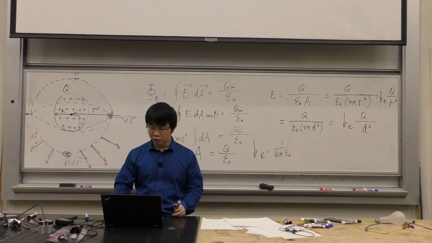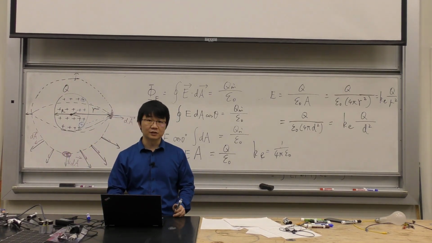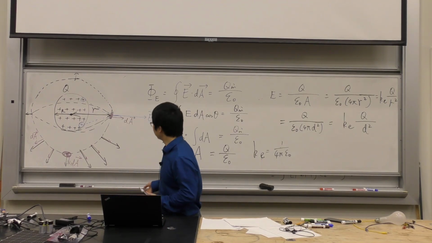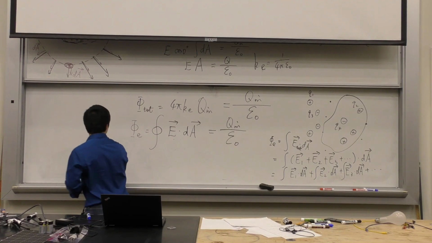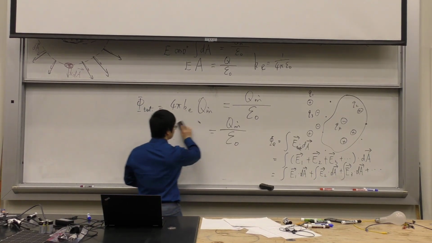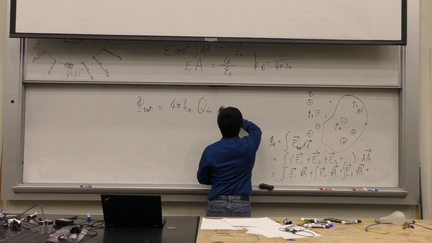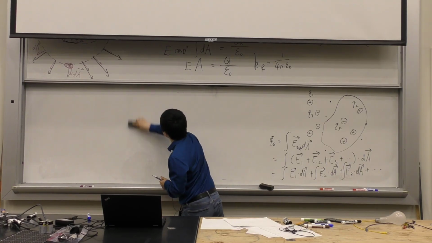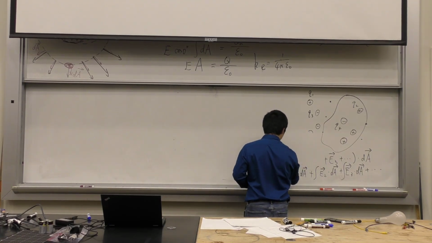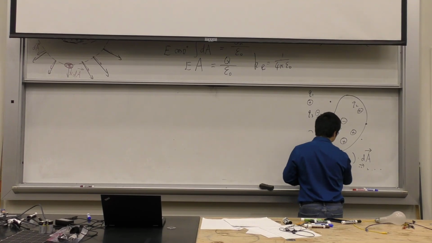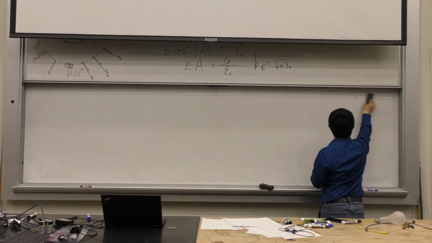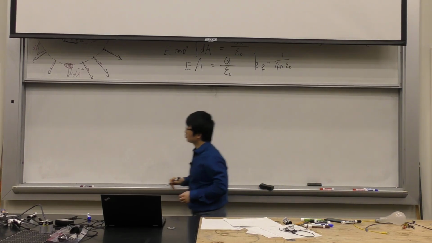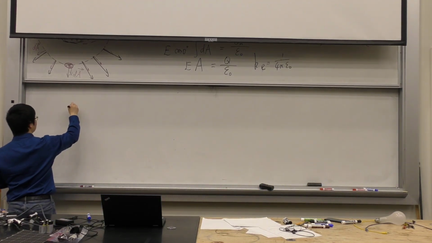Now we're going to move on to a point inside the sphere, okay? So that's going to be a little bit different. So now I'm going to redraw this sphere. And then I want to find the electric field inside the sphere this time, okay? So I'm going to draw the sphere. So that's still a solid sphere.